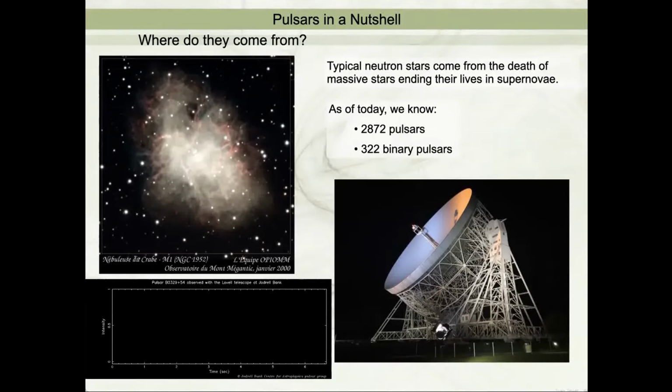And when it reaches this density, enough pressure is generated to prevent it from shrinking even further, and then it stabilizes and becomes this neutron star, and then might produce these flashes, which makes it a pulsar. So that's how pulsars are typically formed.